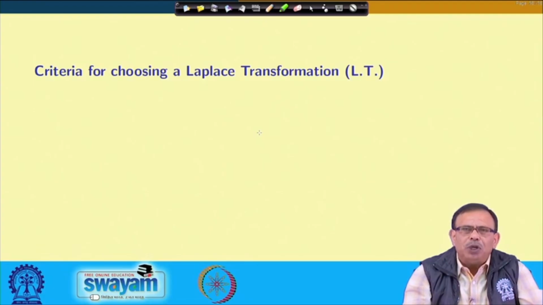So, with respect to which variable you will take the transform, you have to choose. Since we are going through the Laplace transform, first let us discuss the criteria for choosing it.